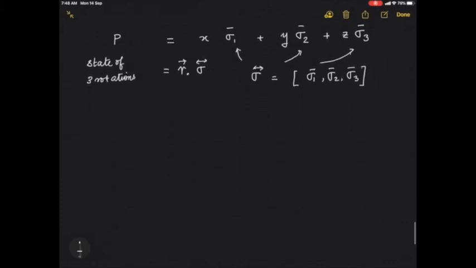And it turns out that the components of sigma can be written in the following way. I can call it sigma x or sigma 1, doesn't matter, but they can be written in this way.